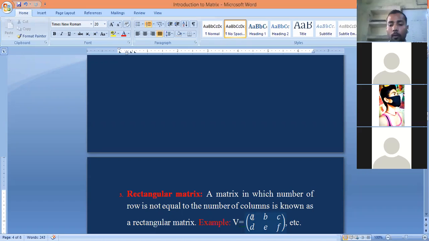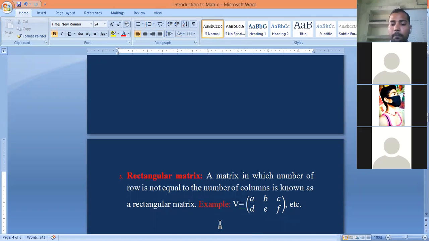The number of rows is not equal to the number of columns, because there are 2 rows and 3 columns. That's why the arrangement of such data in the form of matrices is considered rectangular matrices. Is it okay? Yes, sir.